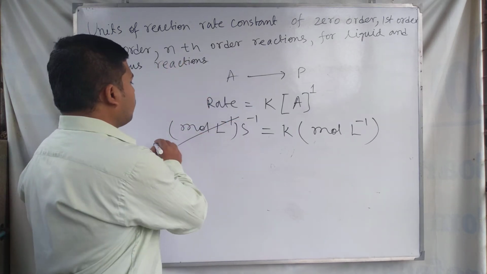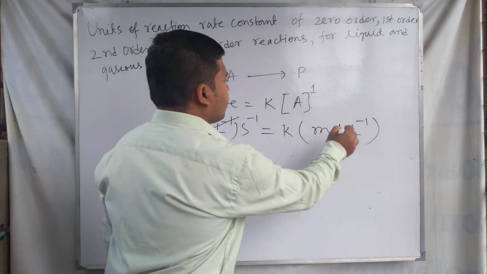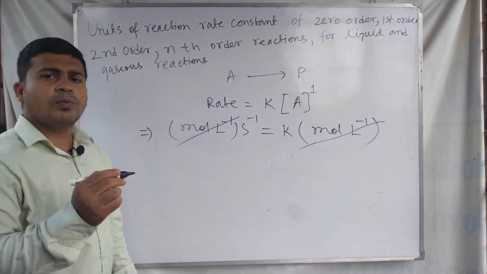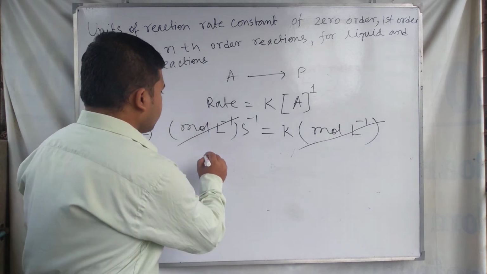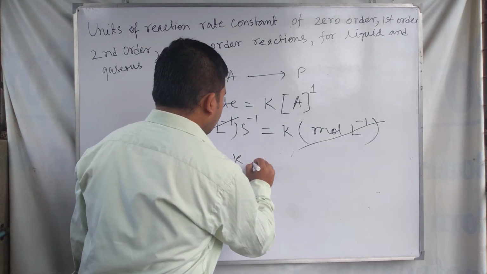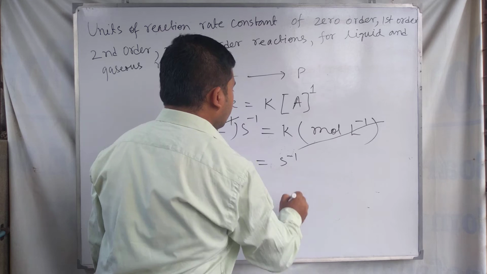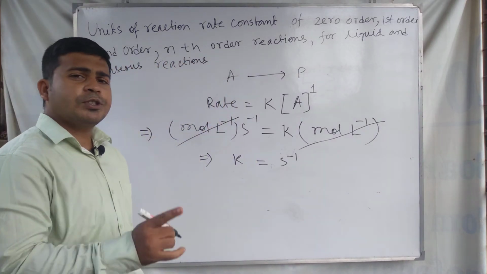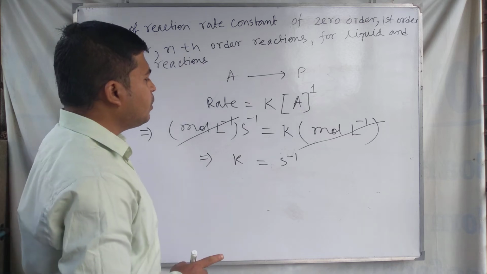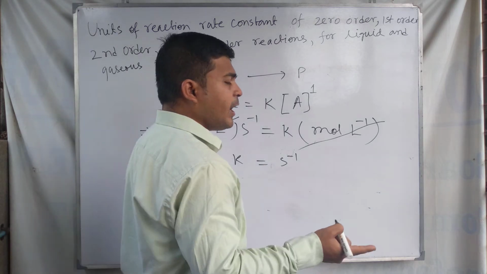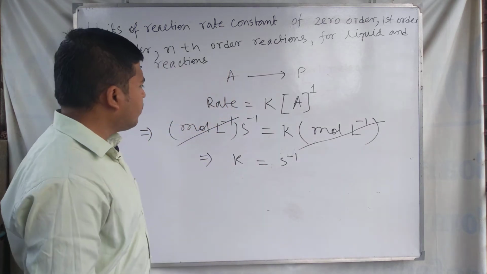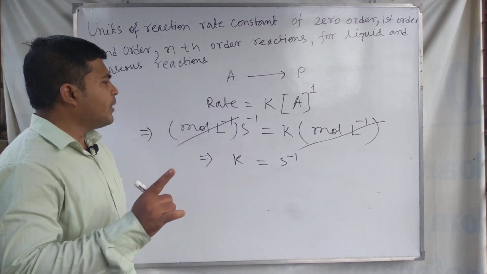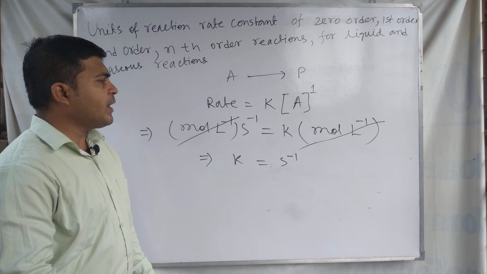Look at both sides of this equation. Mole per liter and mole per liter cancel out, and now we can say k equals second inverse only. So the unit of the first order rate constant is second inverse, or time inverse.